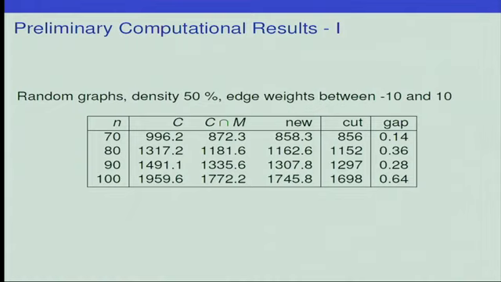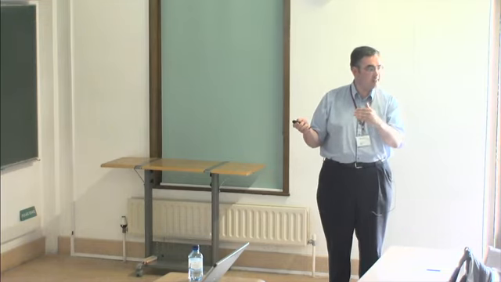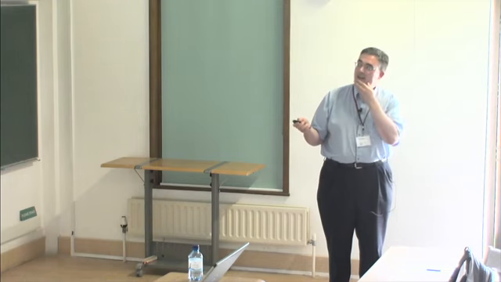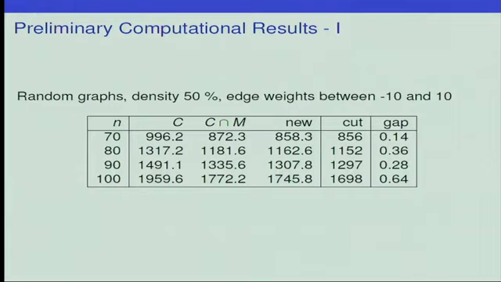So this means that we've closed 86% of the gap that was left after adding all the triangle inequalities. This means that we closed 64%. Here it's 72%. And here it's 36%.